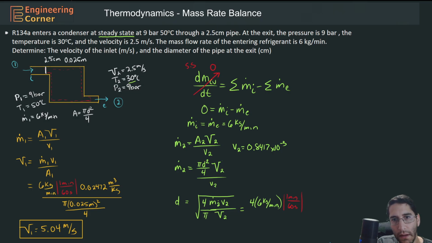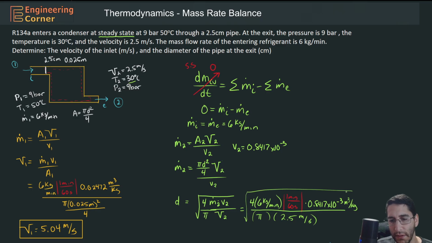And then we're going to multiply this by v2, which we just found, 0.8417 times 10 to the minus third, and this is meters cubed per kilogram. All right, we divide by pi, and we divide by my velocity, which is 2.5 meters per second. And then we take the square root.